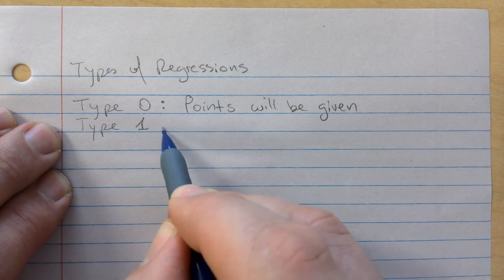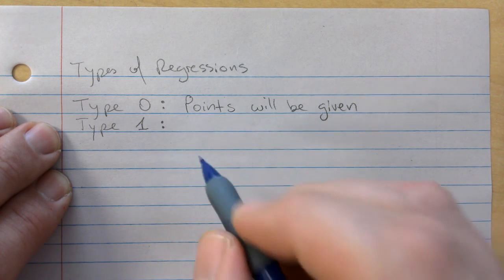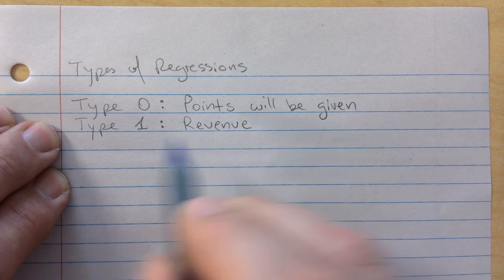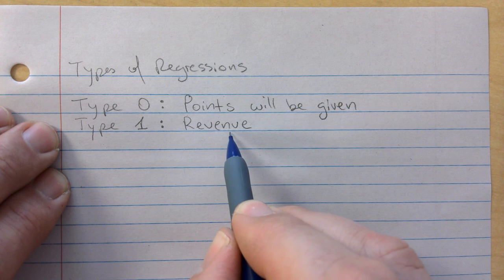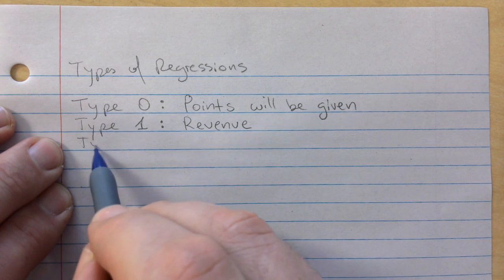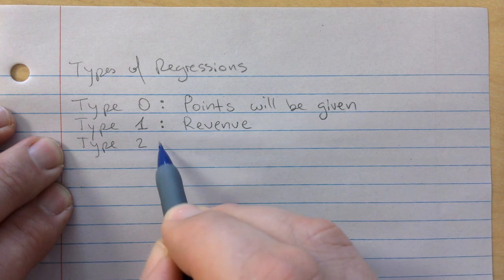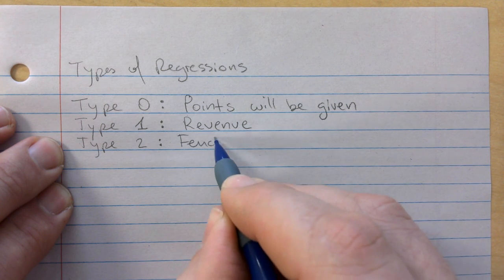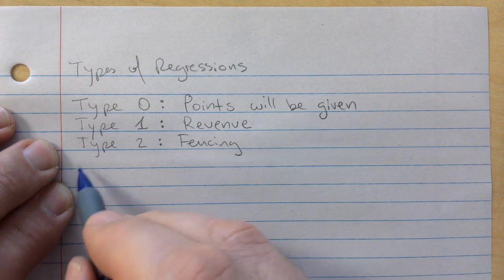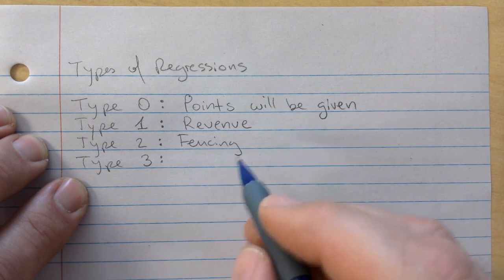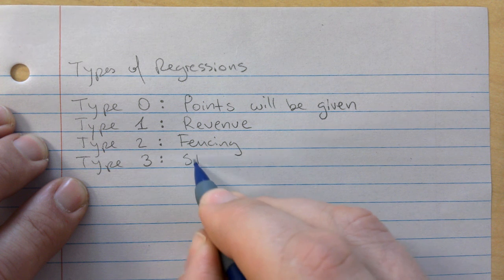Type 1, for now just copy it, right? Type 1 is revenue type questions. Type 2, fencing. And type 3, story.